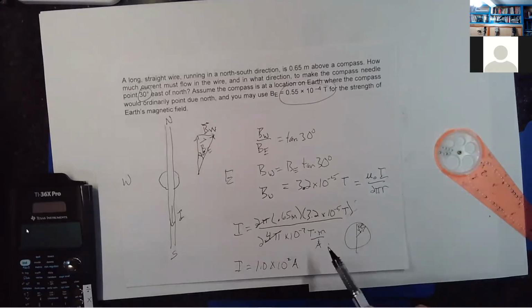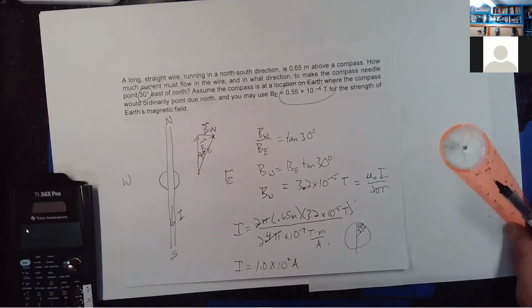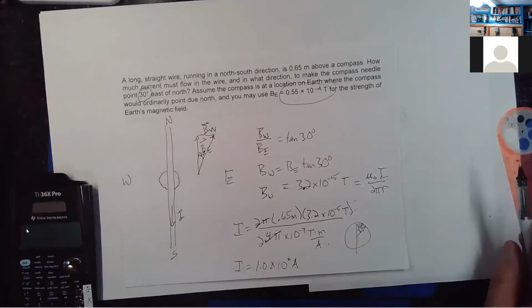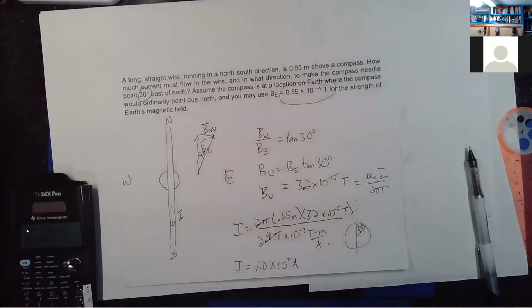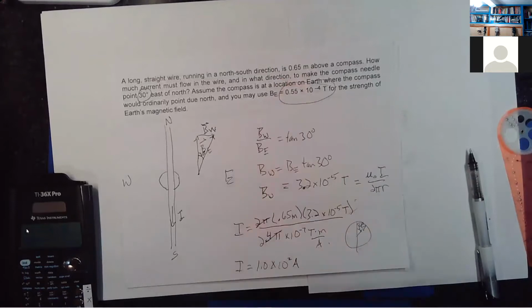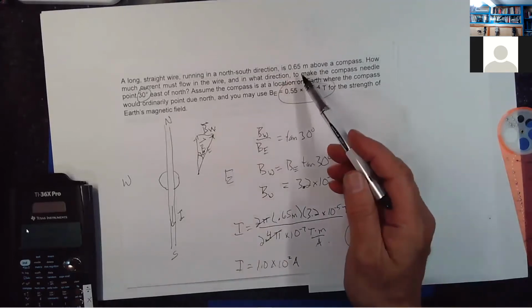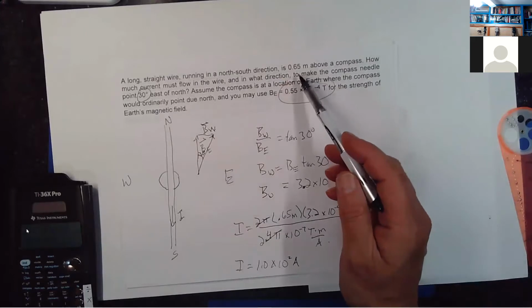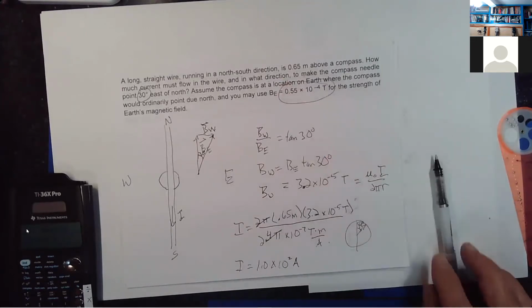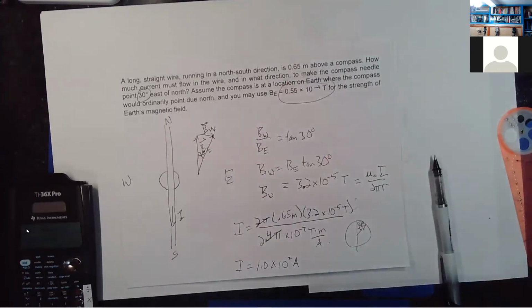So about 100 amps for a current, which isn't unheard of. Well, actually, power lines can have a lot more than that. This isn't very far above the compass. I don't know if I'd want a wire carrying 100 amps where it could only be that fraction of a meter above your head. That could be a little dangerous.